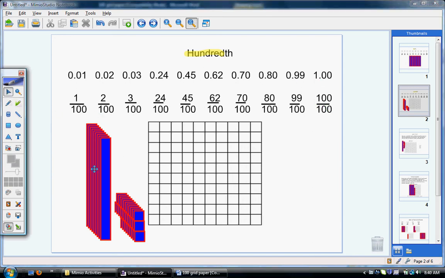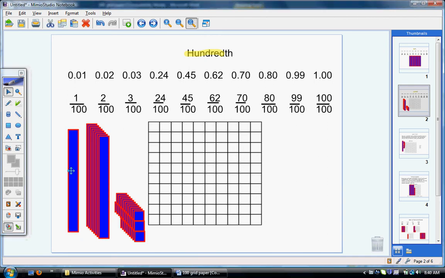Now we know that these rods here are worth a tenth. The little squares then are worth a 100th. If I had the time and the patience, I could take 100 of these little squares and cover up this entire grid. If I just have 1 of the squares, that would be 1 out of 100, or 1/100. If I have 2 of the squares, that would be 2/100ths. If I have 3 of the squares, that would be 3/100ths.